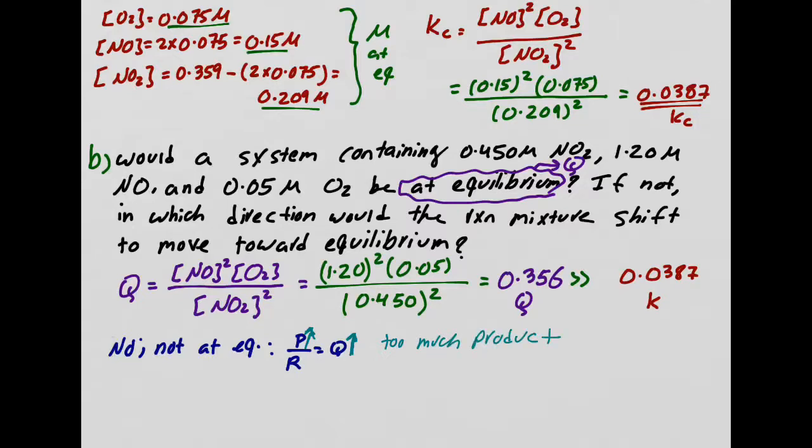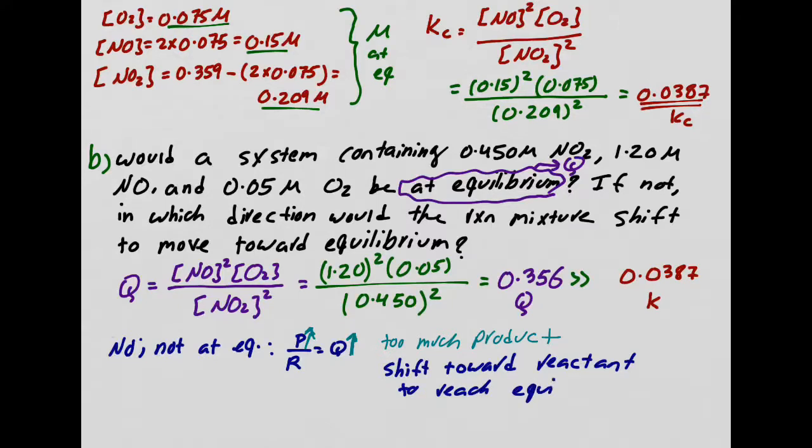Okay, so if I have too much product, what needs to happen in order to reach equilibrium? It has to shift towards reactant, right? It has to shift towards reactant to reach equilibrium.